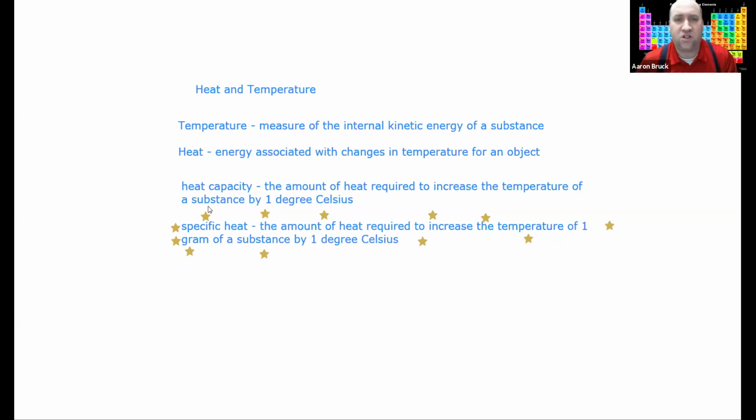And there's a relationship between specific heat of a substance and the amount of energy that is generated by that heat transfer. And the equation that we use there is Q is equal to M times C times delta T, where Q is the heat transferred in the process.